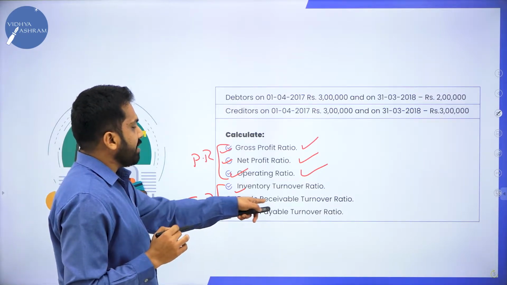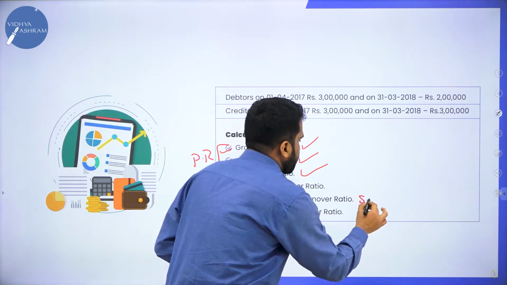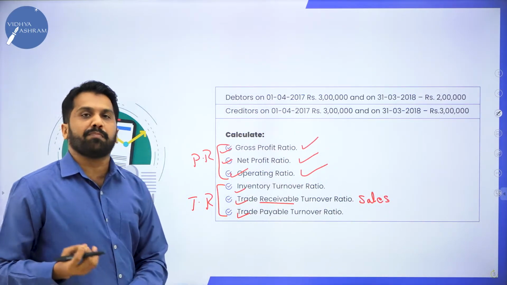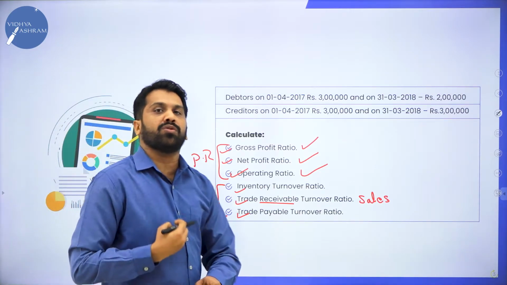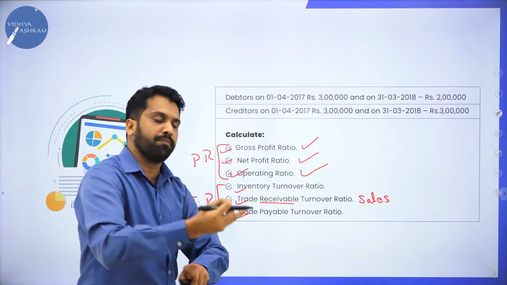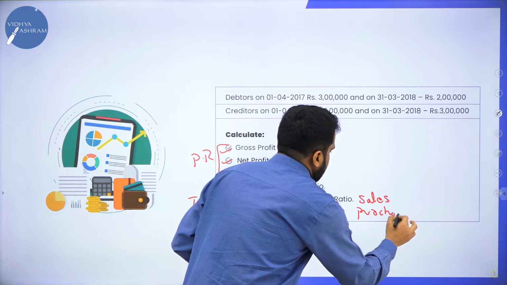Remember, wherever you get the word receivable, it belongs to sales. Trade payable, payable means you have to pay. To whom will you pay? From where you have purchased, for them you have to pay. So this belongs to purchases.